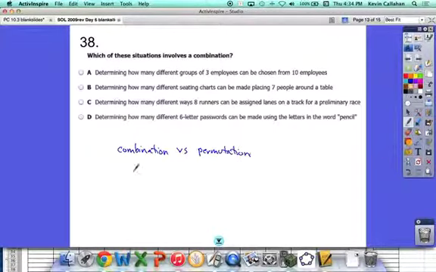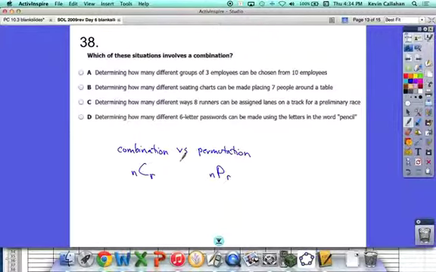Right, a combination is written as nCr. A permutation is written as nPr. Right? A combination, you're choosing r things from a group of n things. So n is a bigger number than r. In a permutation, you're choosing r things from a group of n things. The difference is, when you're choosing a permutation, order is important.